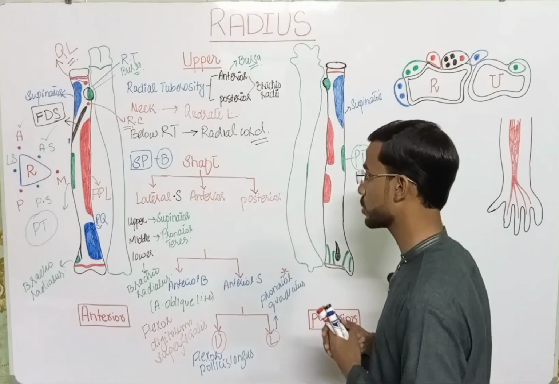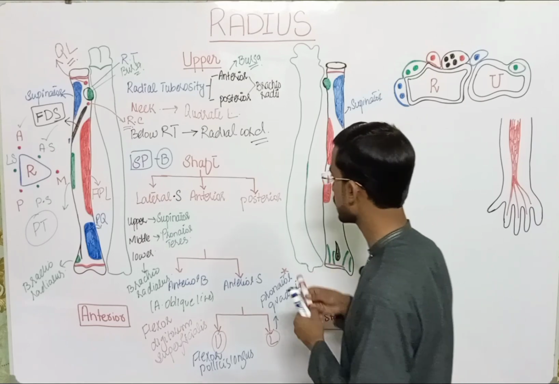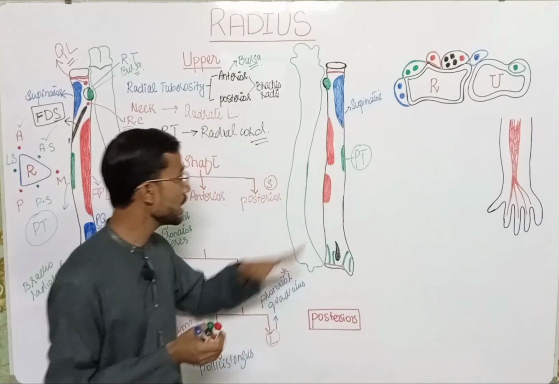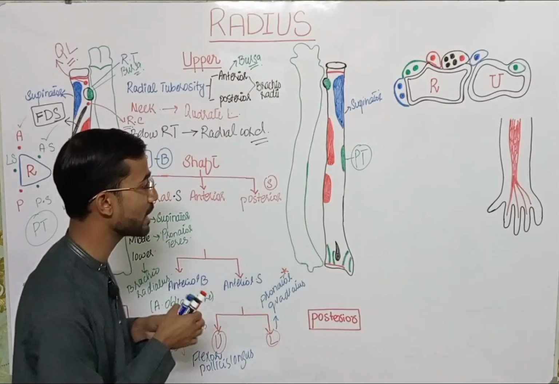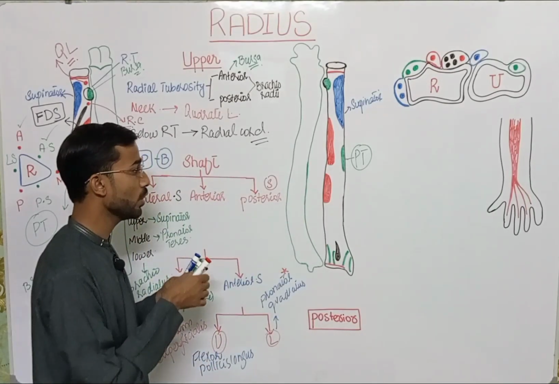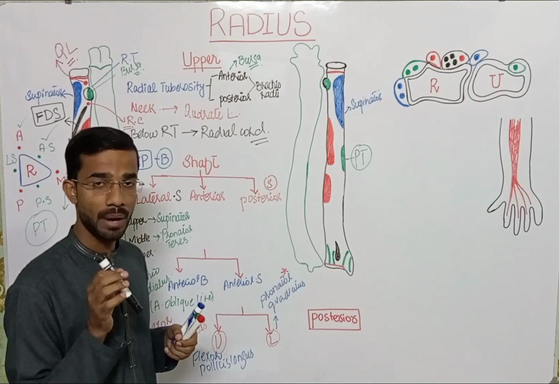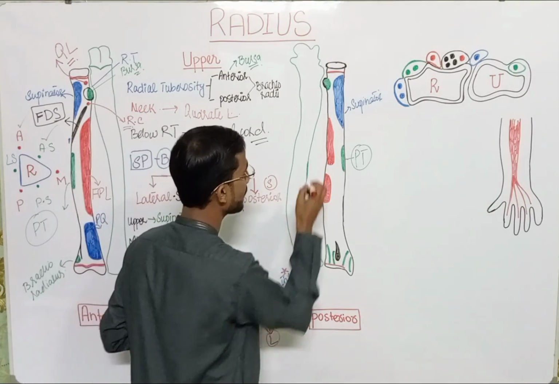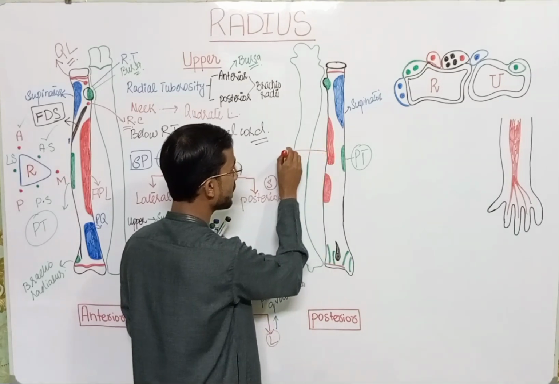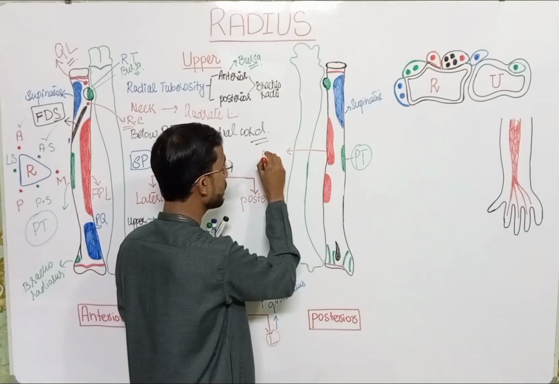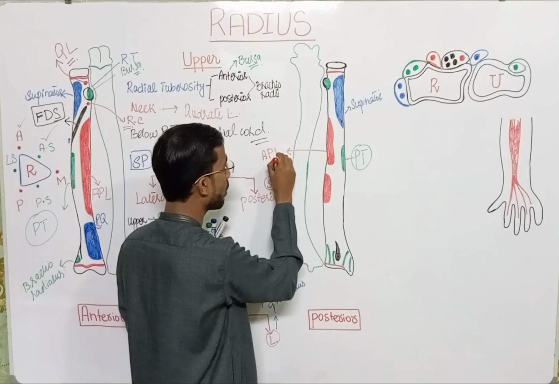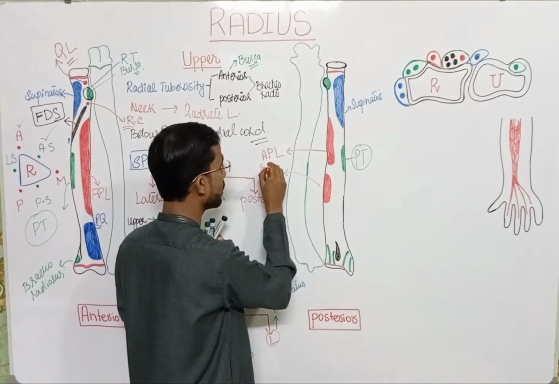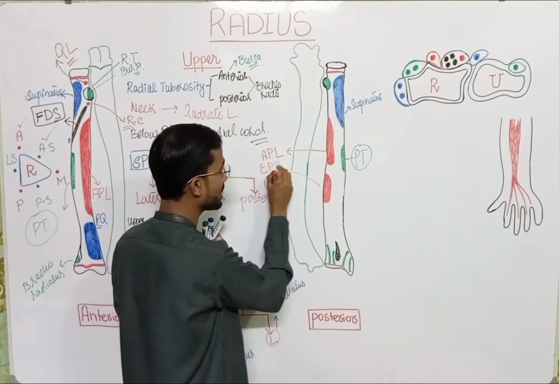Next is the posterior surface. So this is the posterior surface. Here you can see, at the posterior surface you will see two important attachments. The first attachment is the abductor pollicis longus muscle, and second is the extensor pollicis brevis muscle.